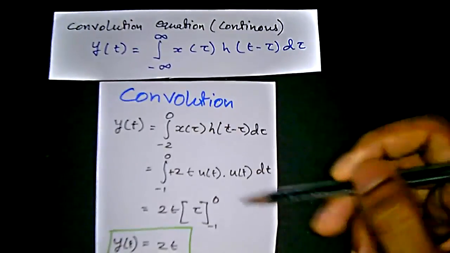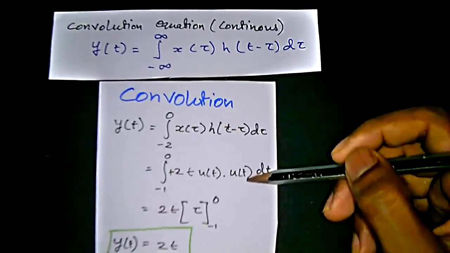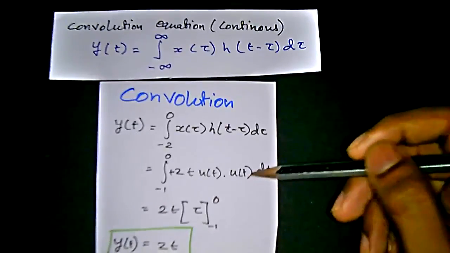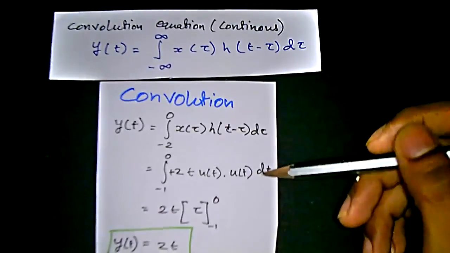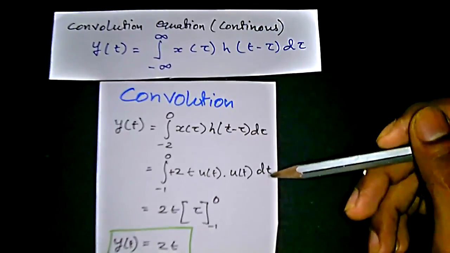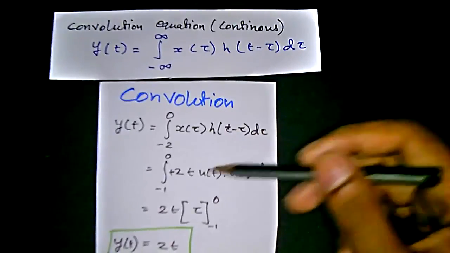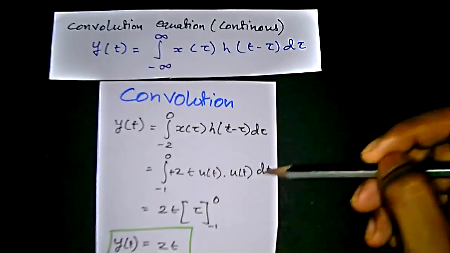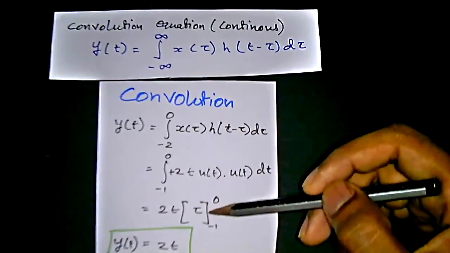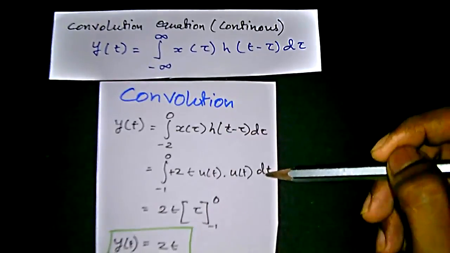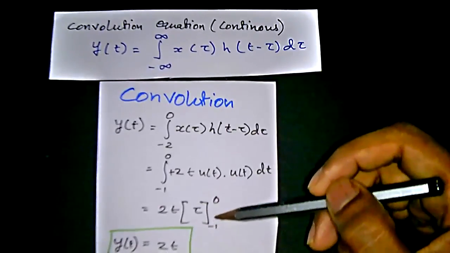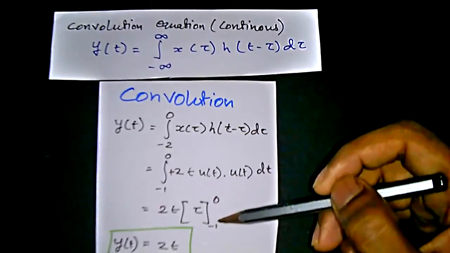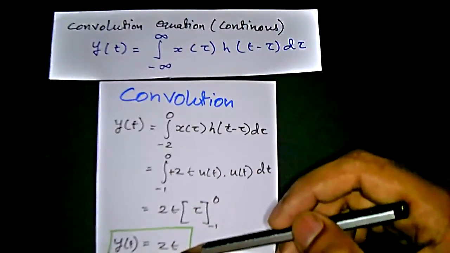We do not have to change the value of the impulse signal h of t, which is given as the unit step signal. So we manipulate that, integrating with respect to d tau. We substitute the values of the upper limit and lower limit, and we will get 2t.